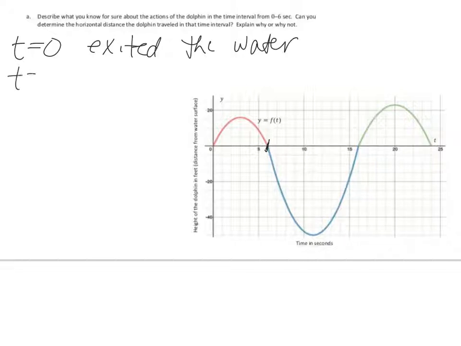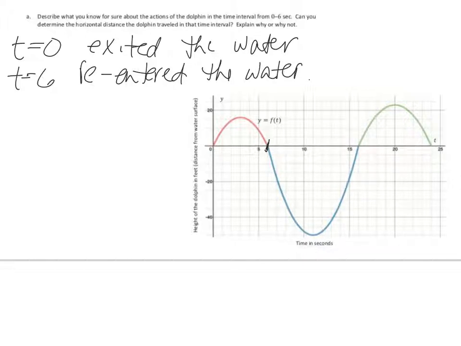And then at time equals 6, the dolphin re-entered the water. We can't determine the horizontal distance because the function models vertical distance.